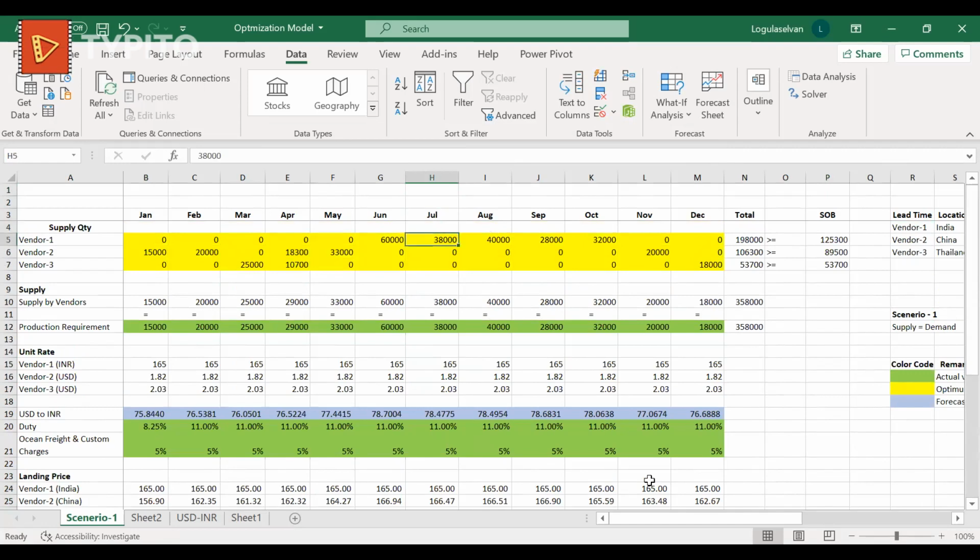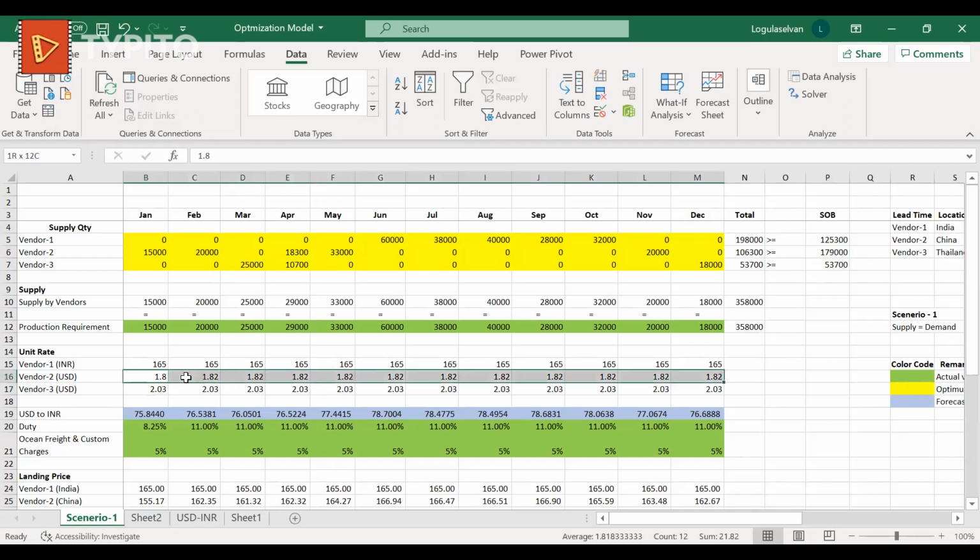So now I'm keeping it at 50%. Let us consider we are negotiating with the China vendor. So now I'm going to commit him 50% business, but 1.82 is not giving me any benefit. Now I am reducing it to $1.8.